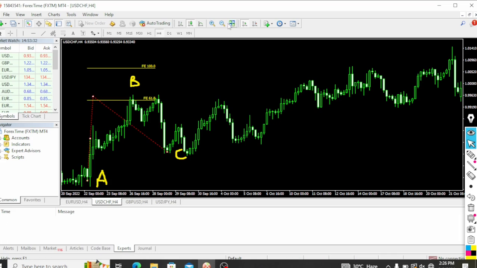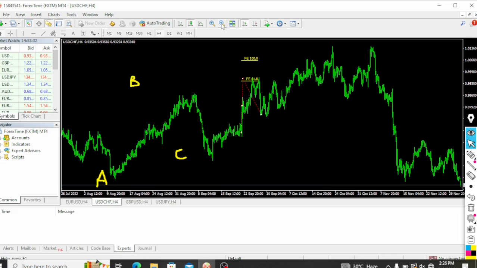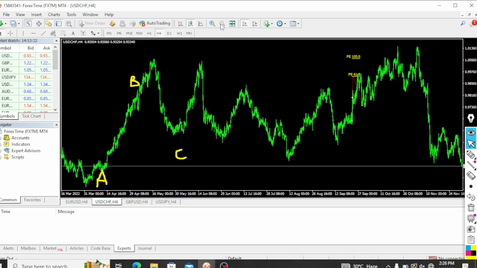So if you minimize your chart, like how we do, you will be seeing it. You see it. See the line there, 161.8, which is at this level.